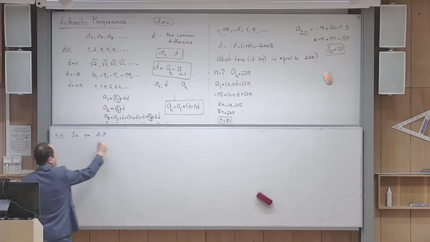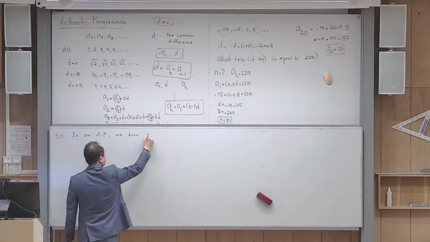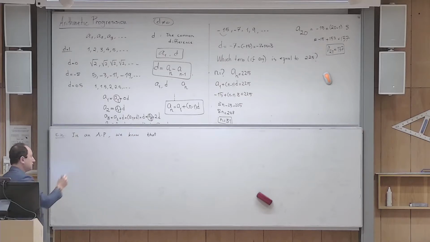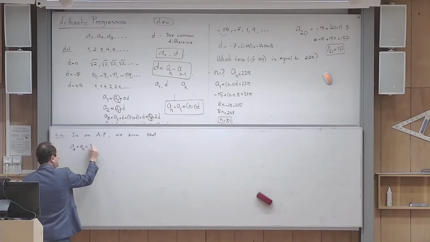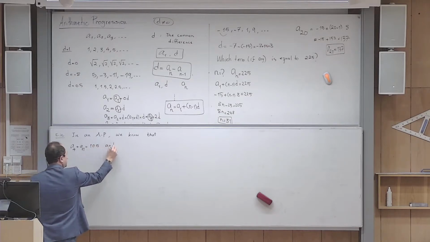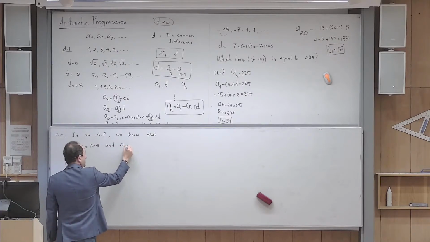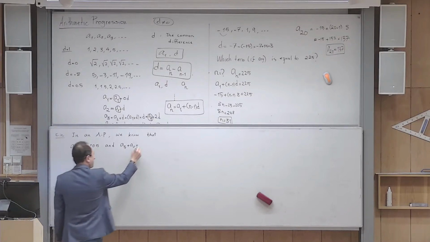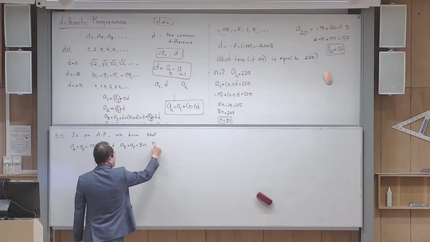In an AP, we know that we have this information. We know that a4 plus a11 is equal to 105, and a3 plus a7 is equal to 80. Okay, determine the AP.